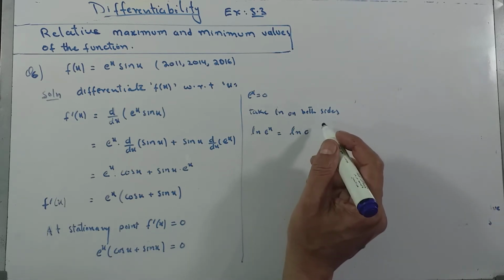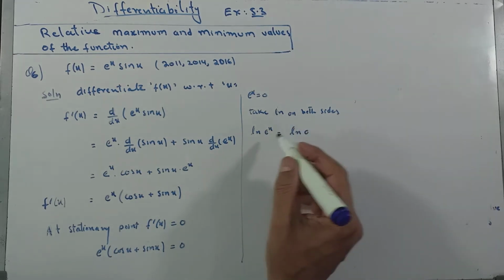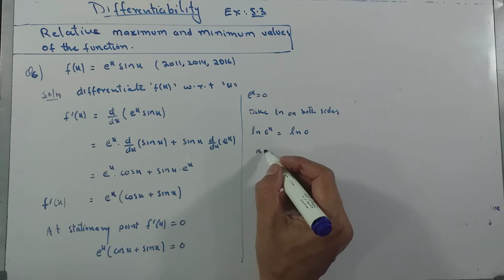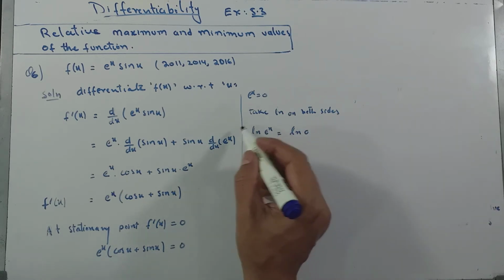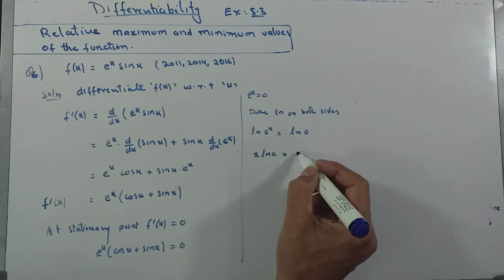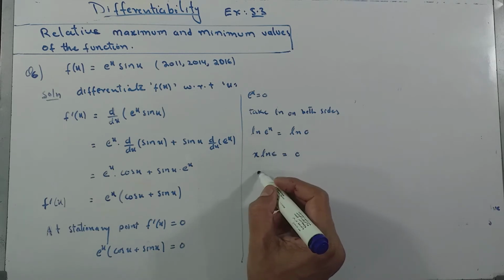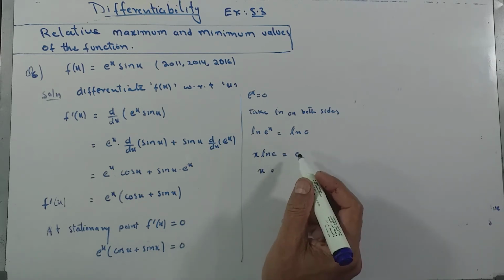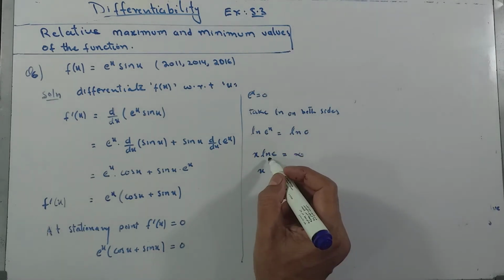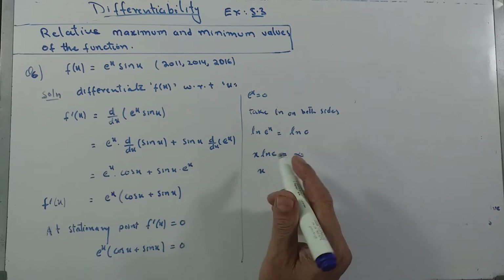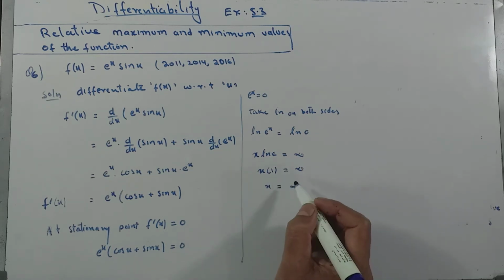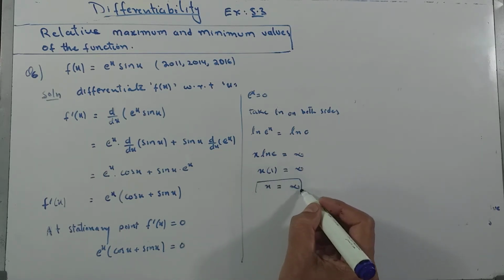Now x ln e, because the exponent becomes the coefficient. So x ln e is equal to ln 0, ln e is equal to 1, and ln 0 is equal to infinity. So x multiplied by 1 is equal to infinity, so x is equal to infinity. This is the first value.